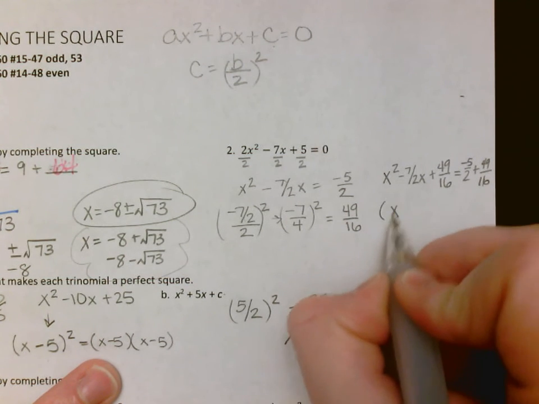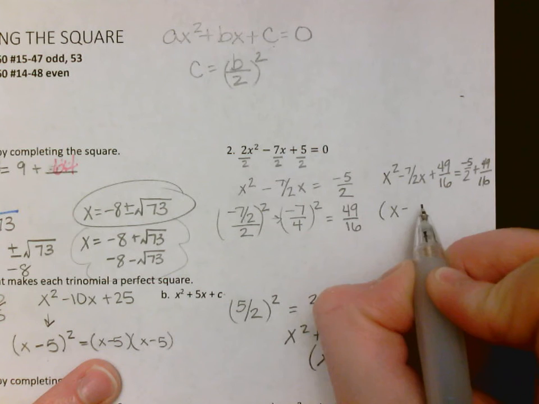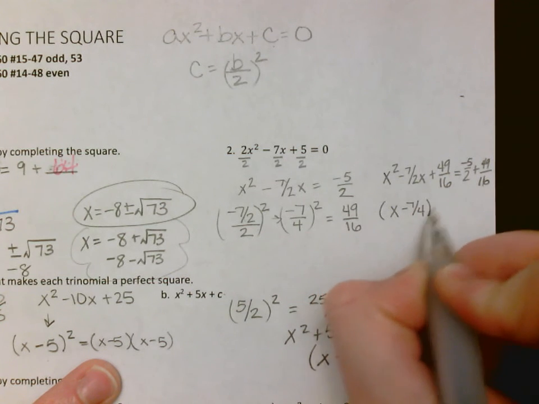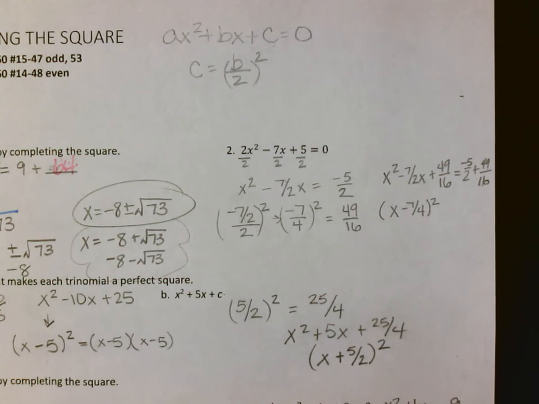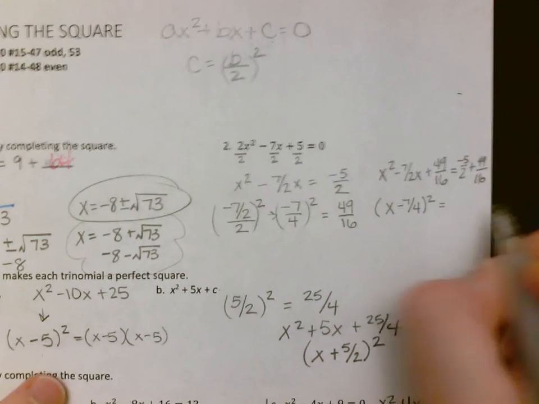So factor that out, x minus 7/4 squared equals negative 5 halves plus 49/16, math frac, gives me 9/16.